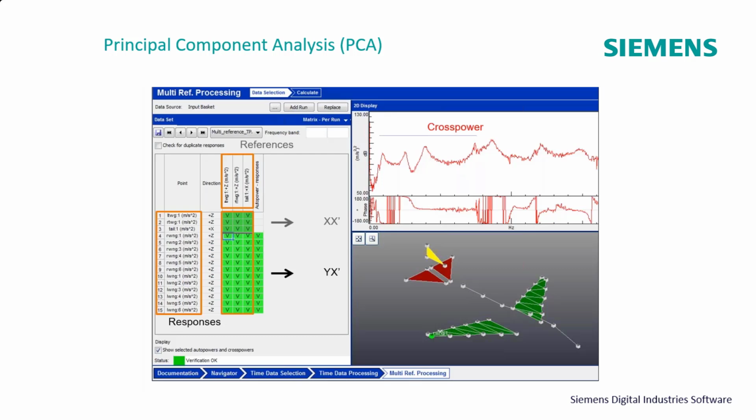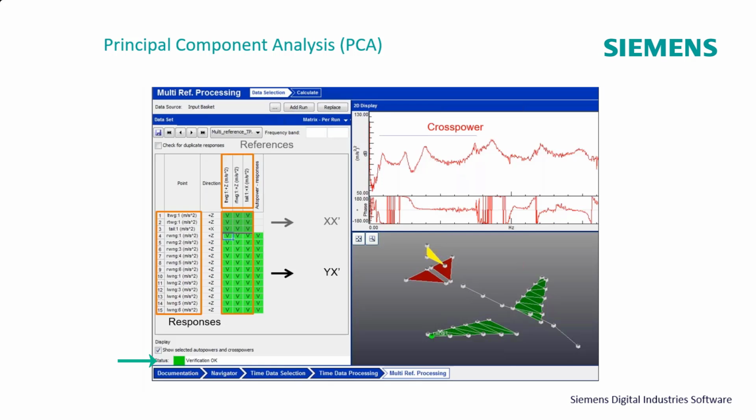So basically step 1 is to define the data source, and that data source has to have cross powers. And the status verification okay means if I have data across multiple runs, it's a requirement to have the reference auto powers in every single run. So maybe I'm testing 200 points on this plane, and I'm not rich, so I don't have enough channels. Maybe I only have 20 channels on my front end.